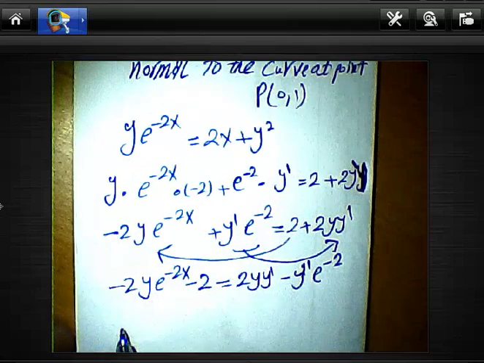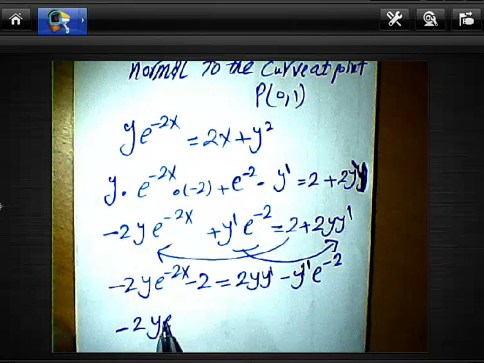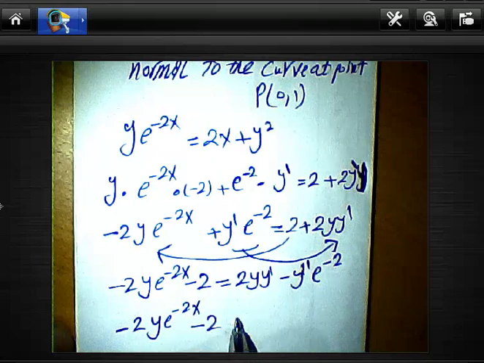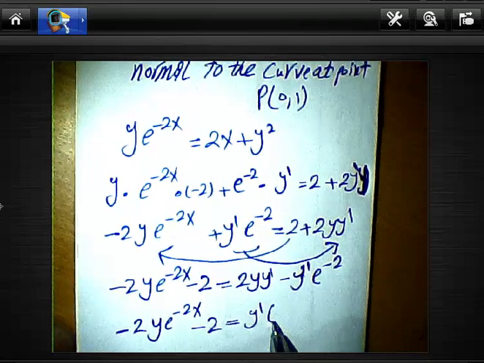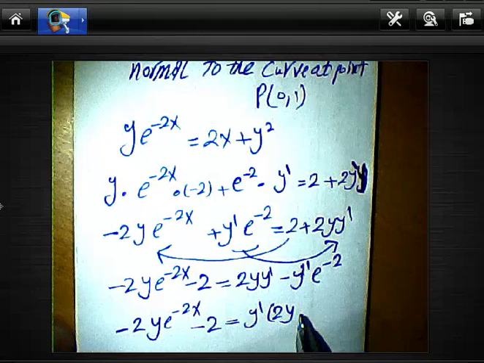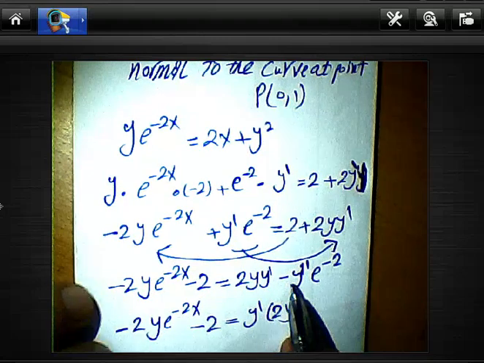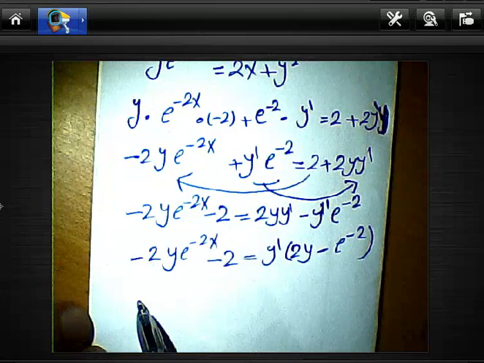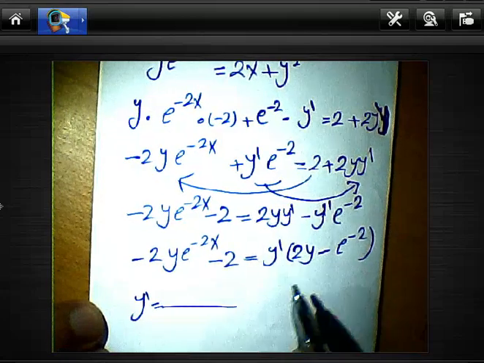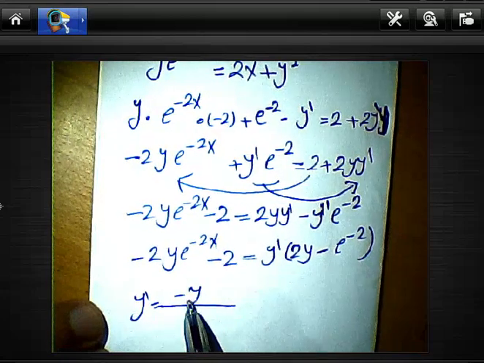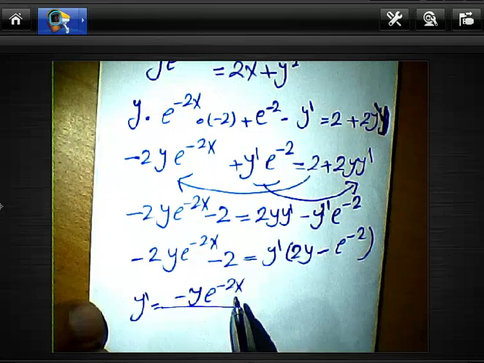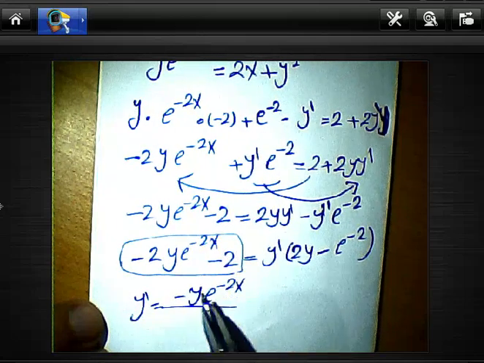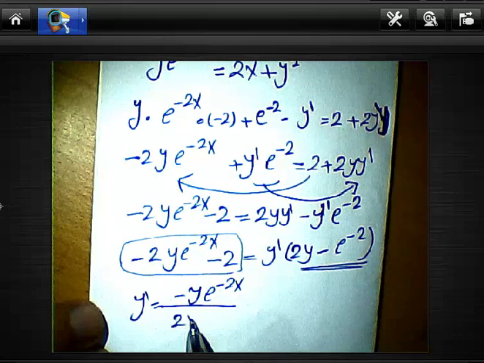So we can write negative 2y e power negative 2x subtract 2 equals y dash outside here. We can write 2y subtract e power negative 2x. Then we can write y dash equals what? Equals negative y e power negative 2x, this expression, divided by this expression, 2y.